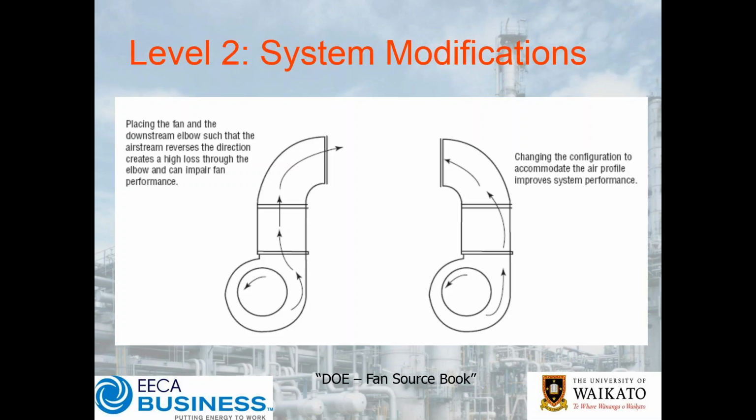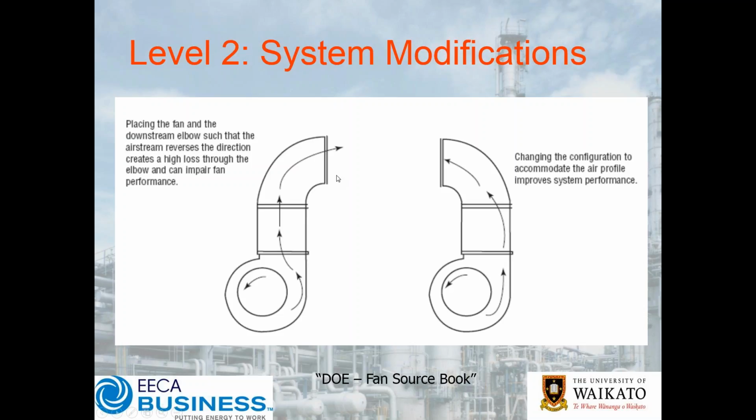So you can see on the left we have the fan putting a rotation on the airflow, which is going in the opposite direction to where the duct is going to go. So ultimately we have quite a lot of eddies and flow separation, and obviously a static pressure loss, which impacts not only energy but also potentially what's downstream of this stuff.